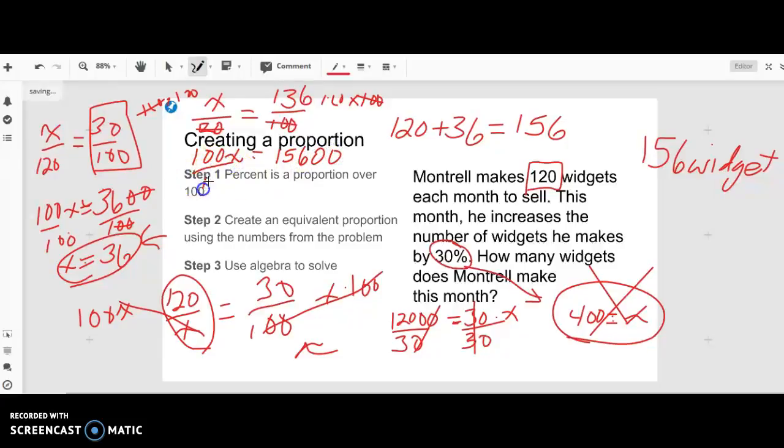And then when I cancel out the 100s on both sides, the 2 zeros cancel out, the 100 cancels out, x equals 156.